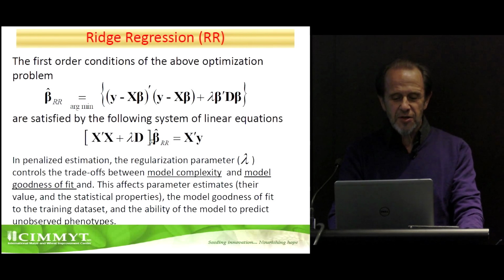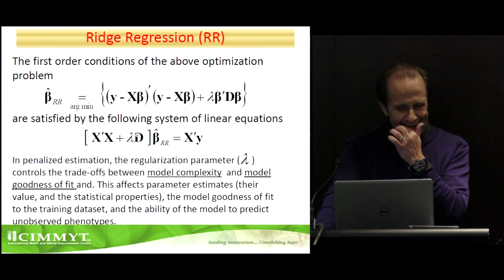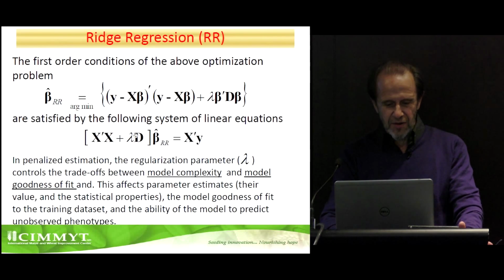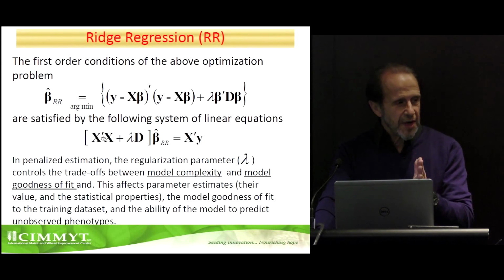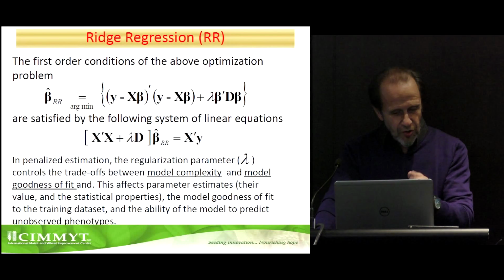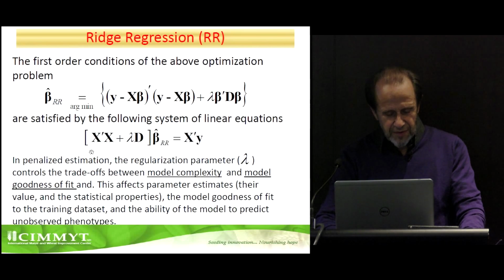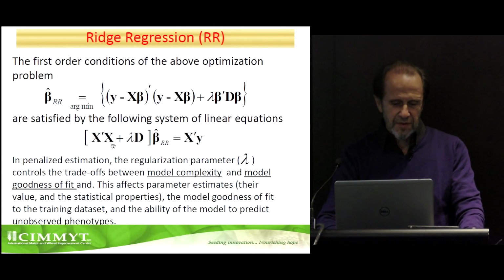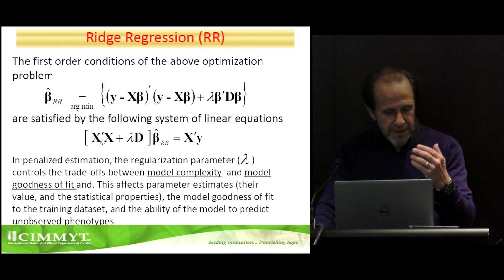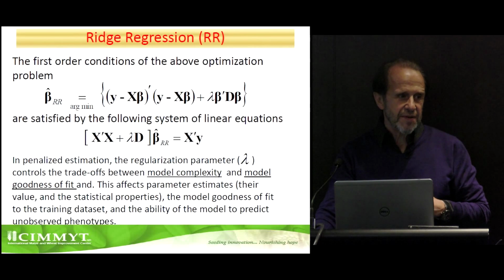In ridge regression, we add a quantity here. Why do we add it? Because the matrix X prime X is singular. It's singular because the predictors are not independent, they are related. This X prime X, this matrix of sums of squares and relationships, is a sort of covariance matrix.